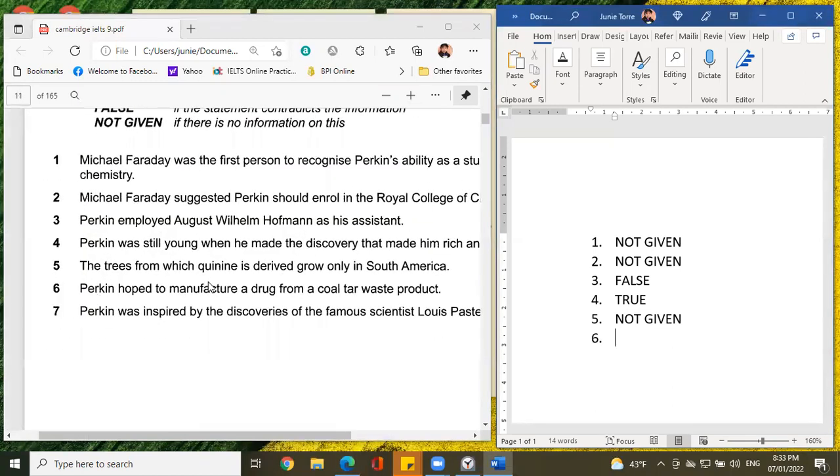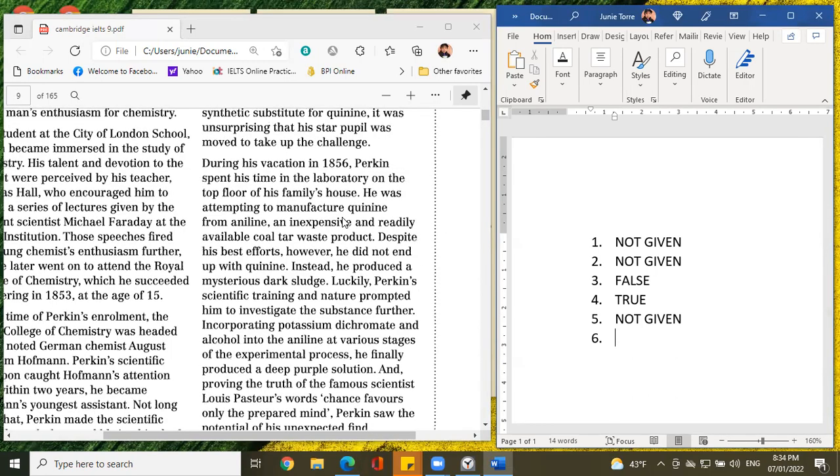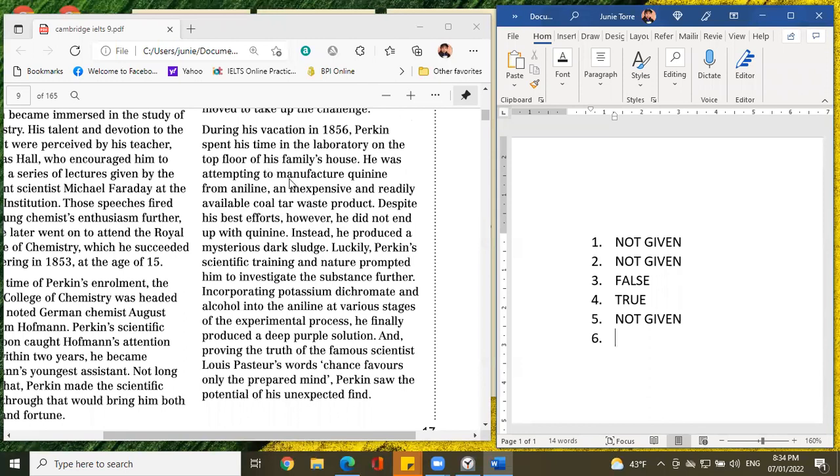Perkin hoped to manufacture a drug from a coal tar waste product. So, coal tar. Where is coal tar? There. "During his vacation in 1856, Perkin spent his time in the laboratory on the top floor of his family's house. He was attempting to manufacture quinine from aniline, an inexpensive and readily available coal tar waste product."